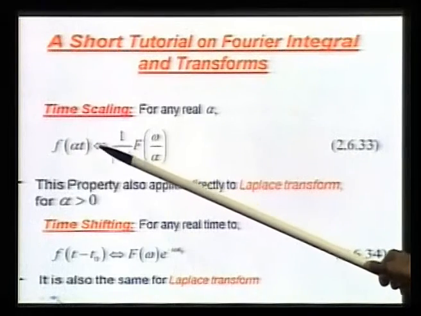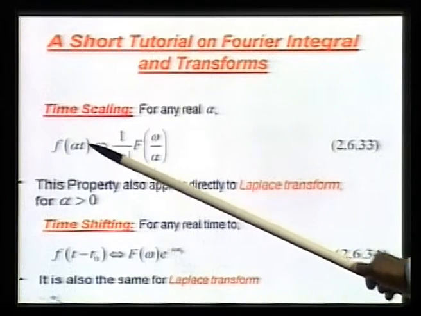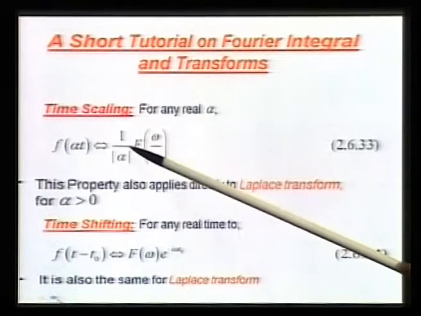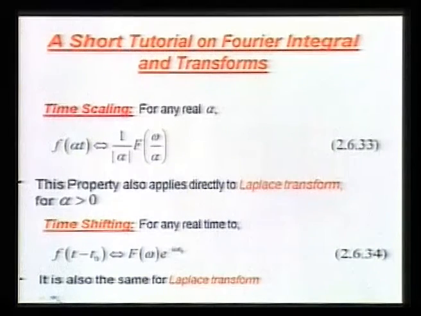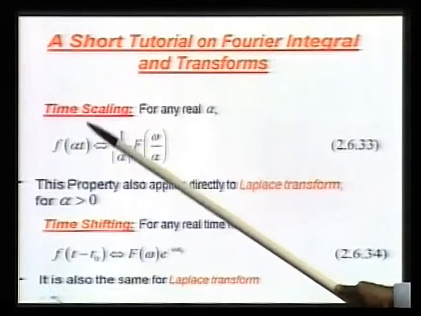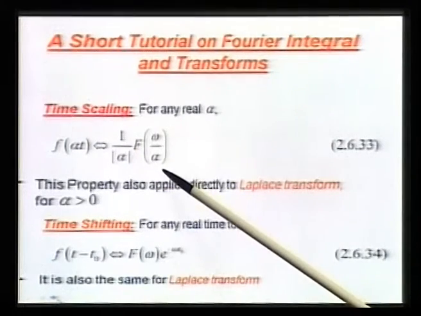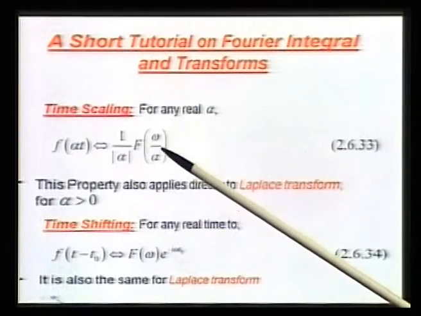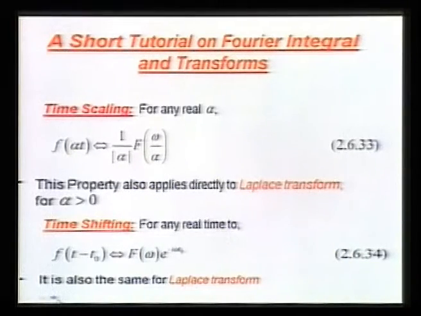Once again, I will invite you to prove it yourself, okay? And you will find that this is a kind of a duality property. So, if I stretch it in the physical plane, it contracts in the transform plane, and if alpha is less than 1, then I am contracting in the physical plane, it extends in the transform plane.